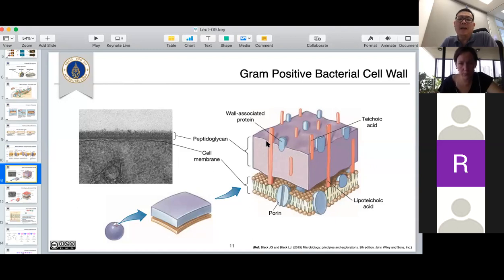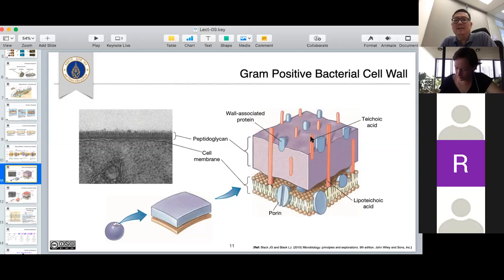Sometimes they probably have protein attached to peptidoglycan. Okay, and one important thing, you see the red rod here. This is teichoic acid.